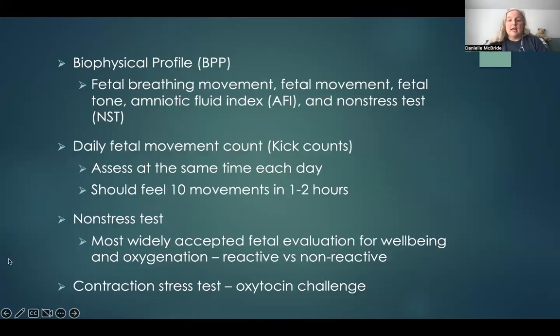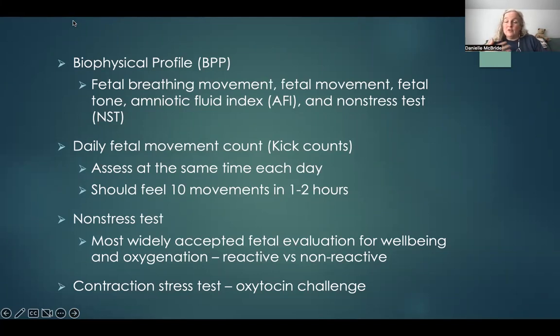Things we can do to test and to check on our babies. Okay, so the biophysical profile. The biophysical profile is very reliable for fetal status in that it looks at more than just a non-stress test that's included, but it uses ultrasound and it looks for breathing movements. We talked about how the baby's body makes breathing movements and breathes in and out the amniotic fluid.